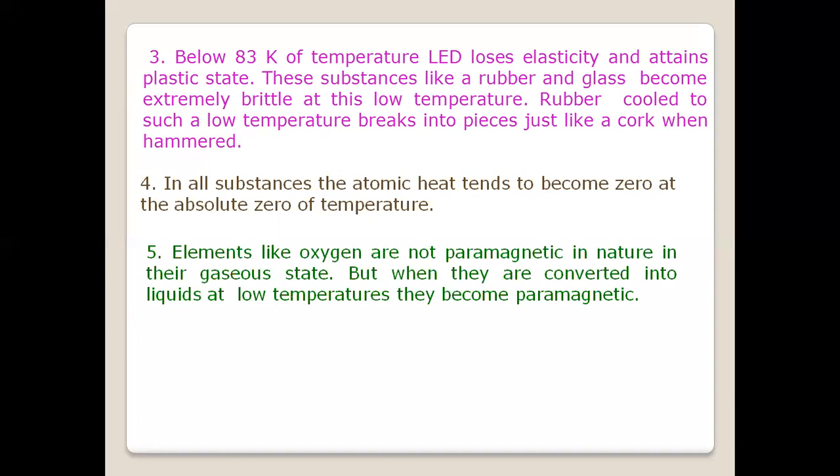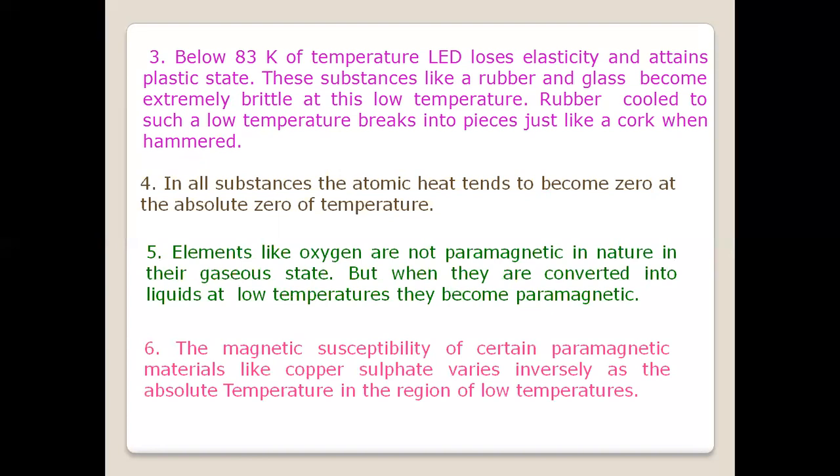Elements like oxygen are not paramagnetic materials at room temperature, but at very low temperature, materials like oxygen turn into paramagnetic material, so their magnetic properties change. The magnetic susceptibility of paramagnetic materials is inversely proportional to temperature.